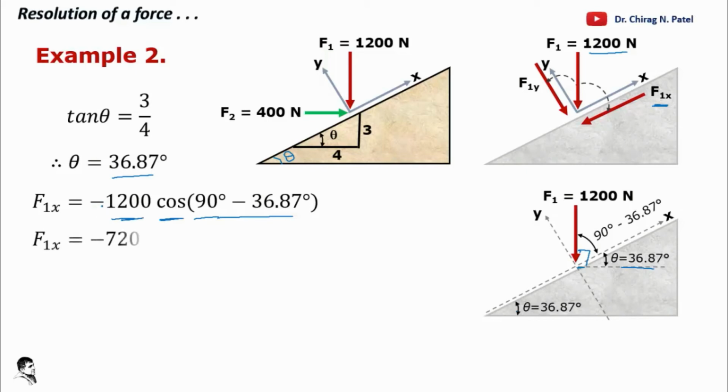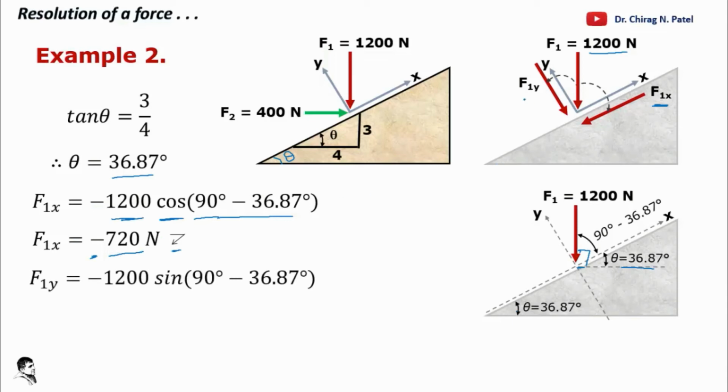If we resolve it, that would be minus 720 Newton. You can use a sign over here, so you can clearly see the particular direction of the force component.